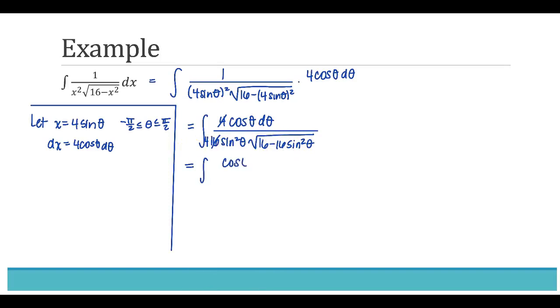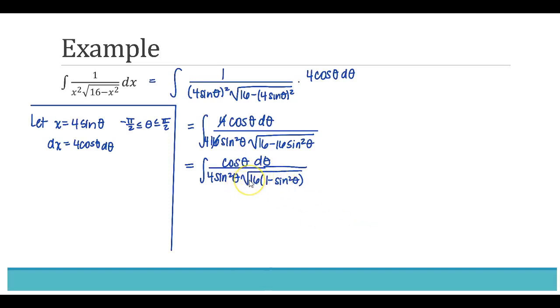So I have cosine theta on the top, I have so far 4 sine squared theta, then the square root of 16 times 1 minus sine squared theta. There's a d theta there. Now, since these are multiplied, 16 times 1 minus sine squared theta, I can take the square root of each part.